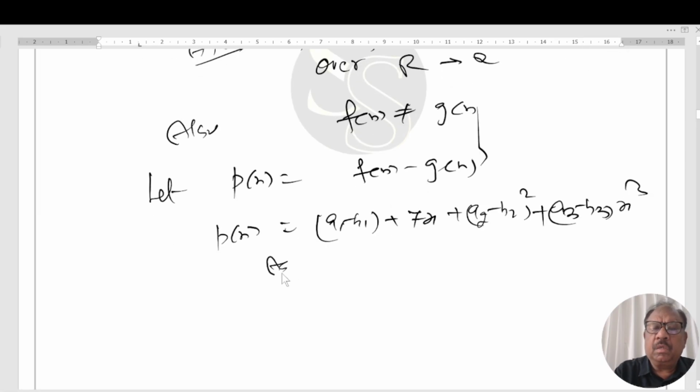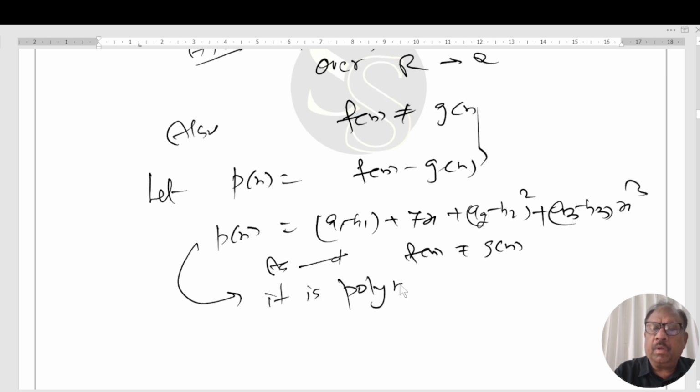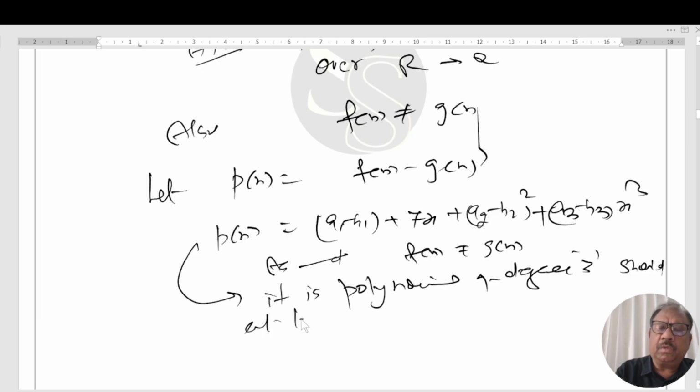Now, as f(x) not equal to g(x), and it is a polynomial of degree 3, it should have at least one real root, because imaginary roots always occur in pairs.